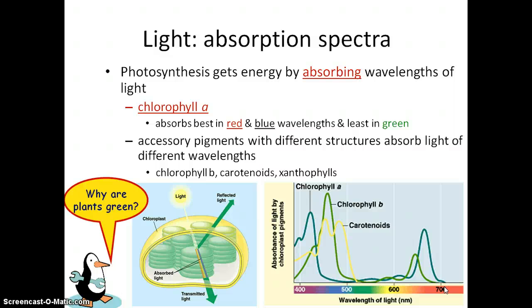They still absorb the energy from the sunlight, but they pass on that energy through electrons over to chlorophyll A, because chlorophyll A is actually the only one involved in the electron transport chain. The others, while important because they amplify the amount of energy that chlorophyll A can use, are not specifically in the reaction.